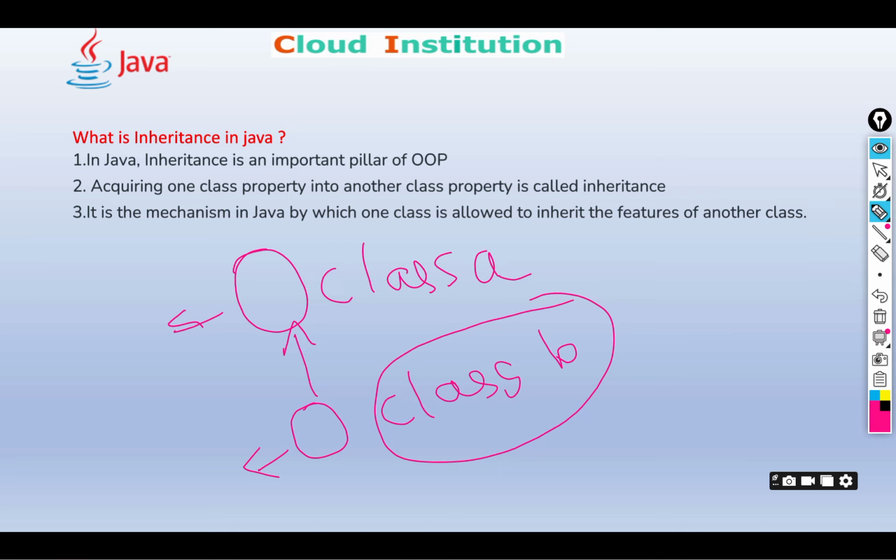It means one class is acquiring another class's properties, whether they are data members or methods, anything. If one class acquires from another class, it is called inheritance. The class that acquires the other class's properties is called the child class.